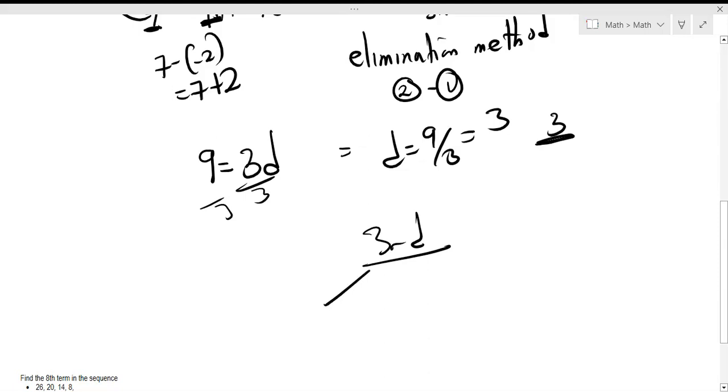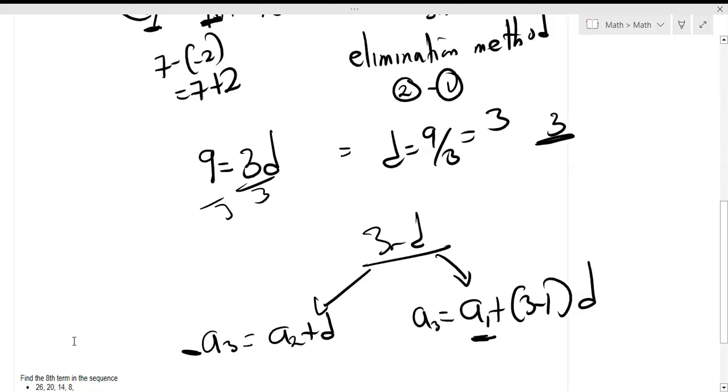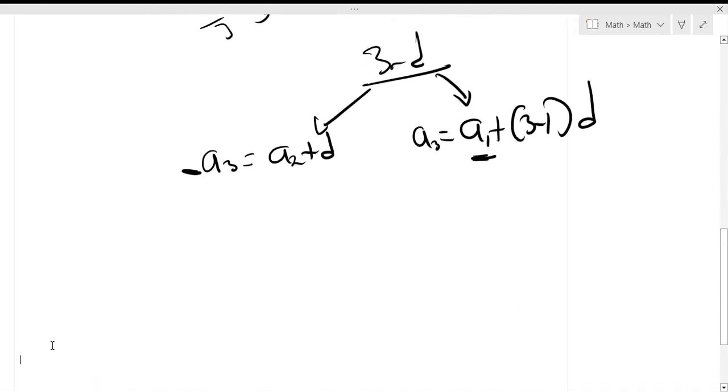We can say a3 is the same as a2 plus d, or we can use a1, so a3 is equal to a1 plus (3 minus 1)d. Either way is correct. If you use the second way, it's good to find a1, but you can use either one, depending on which you prefer. Let me use both.